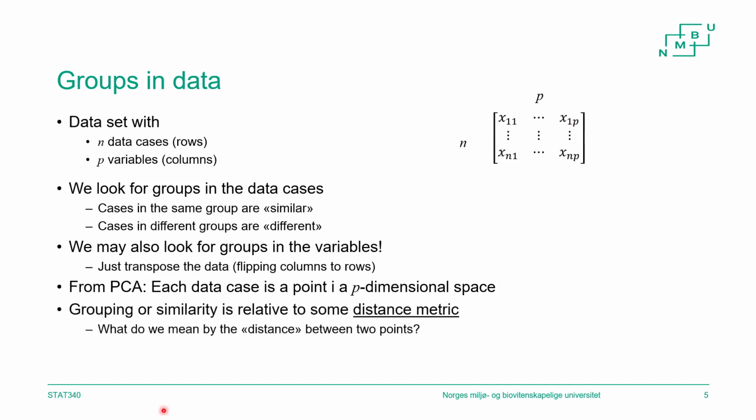So they are points. And grouping of the data means we have to choose what we call a distance metric. That says something about the distance between two such points. What do we actually mean by distance between 2 points, between 2 rows here? And that's what we are going to look at now.